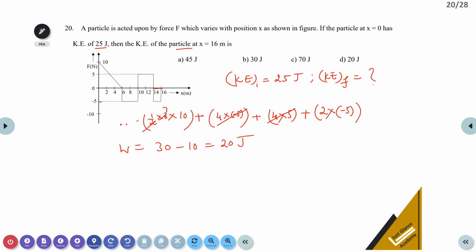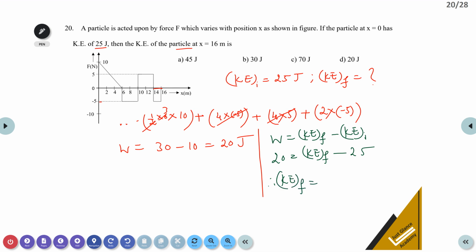Using the work energy theorem, work done equals kinetic energy final minus kinetic energy initial. Substituting, 20 equals final kinetic energy minus the initial kinetic energy, which is 25. Therefore final kinetic energy equals 20 plus 25, equals 45 joules. Yes, it's the right choice.